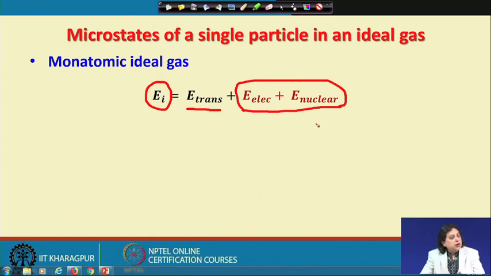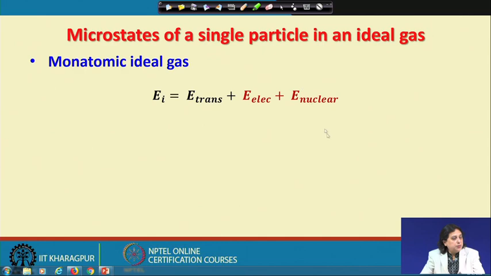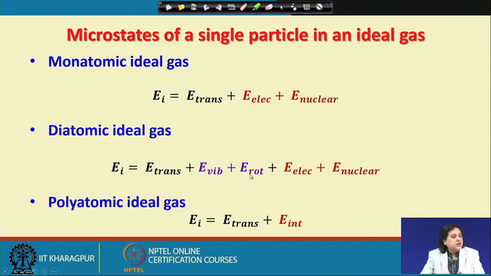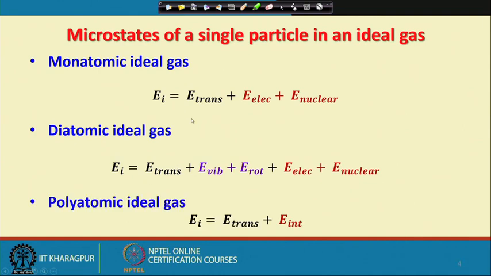Okay. So, now if I look back and see what happens to the diatomic ideal gas, what I find is, yes, I still have this translational part. Sorry, I am going back.